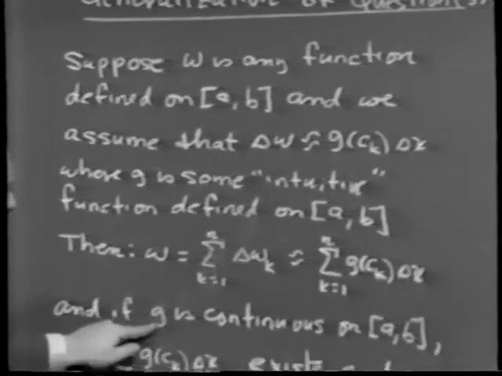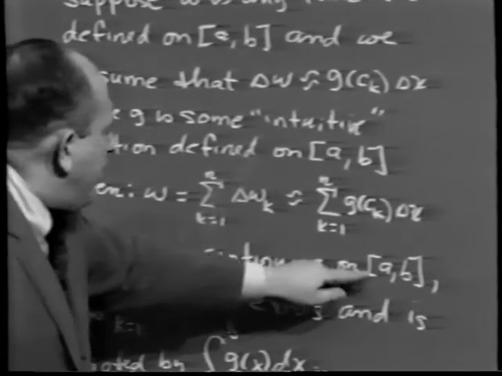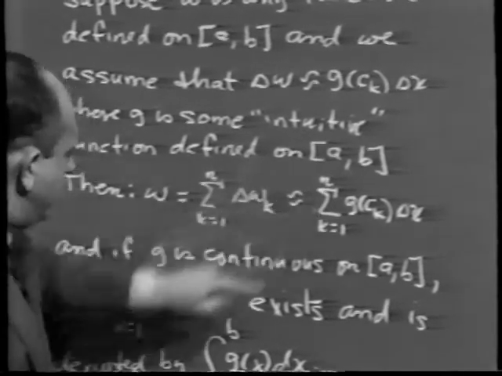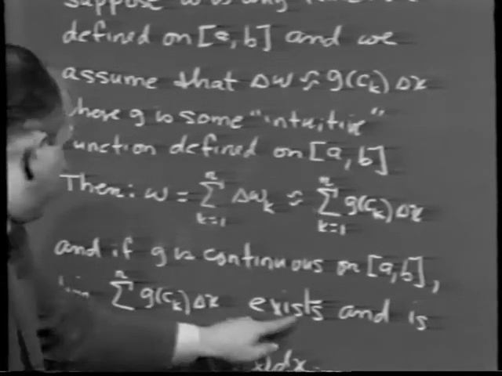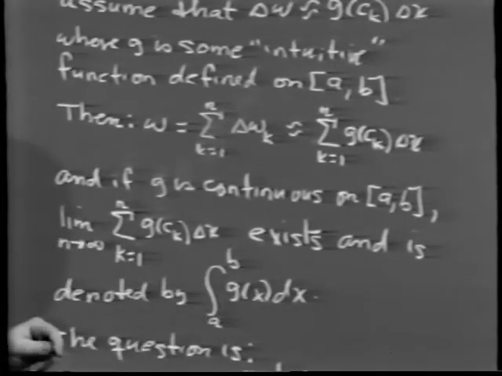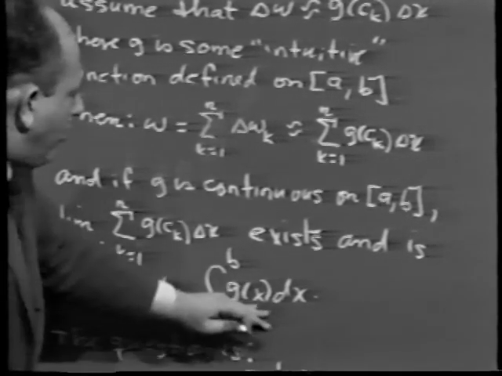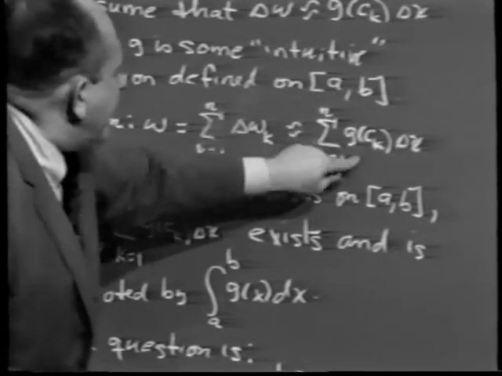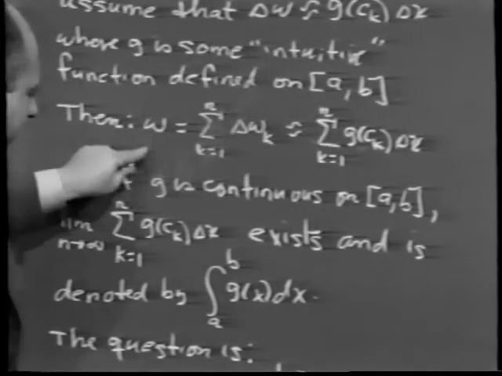Now, what we have shown is that if g is continuous on [a, b], then as n goes to infinity, this particular limit exists and is denoted by the integral from a to b of g of x dx. This is what we've shown so far. The big question is, granted that this limit exists, does it equal W?